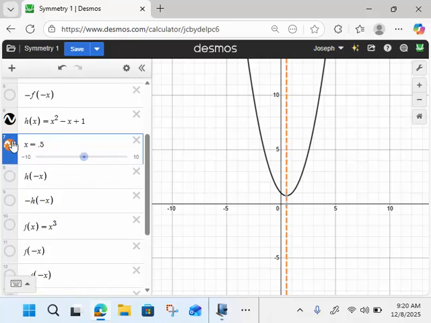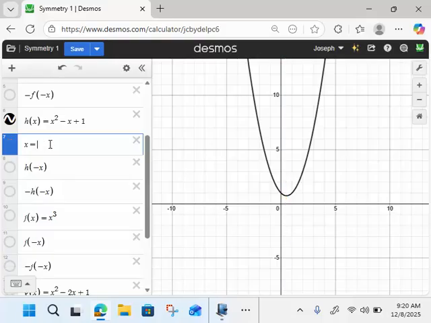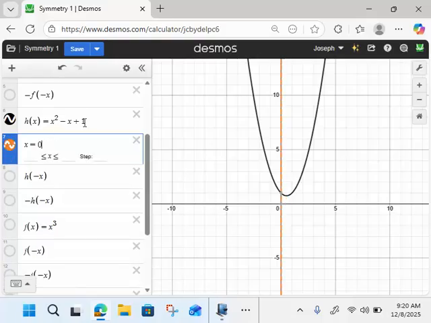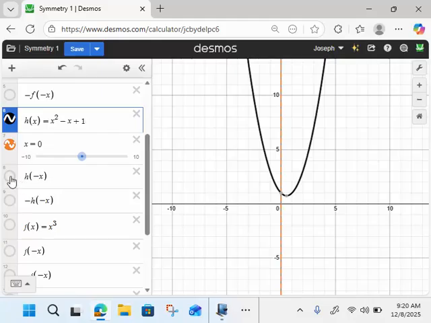But that doesn't make it an even function. It doesn't make it symmetric about the y-axis. You see? Here is the y-axis. If I took this and replaced x with negative x, I don't get the original function back. So it's not even.